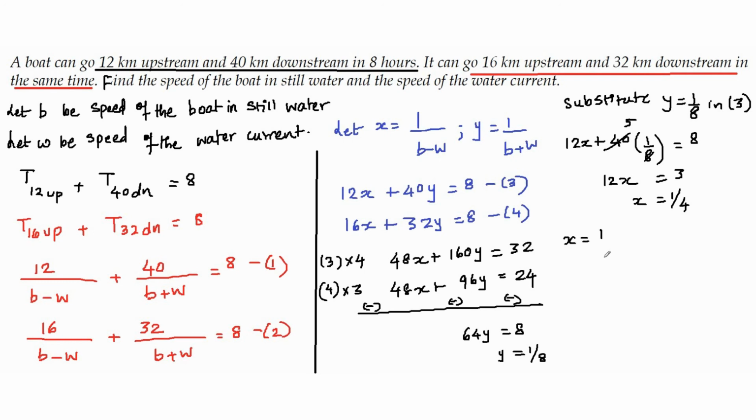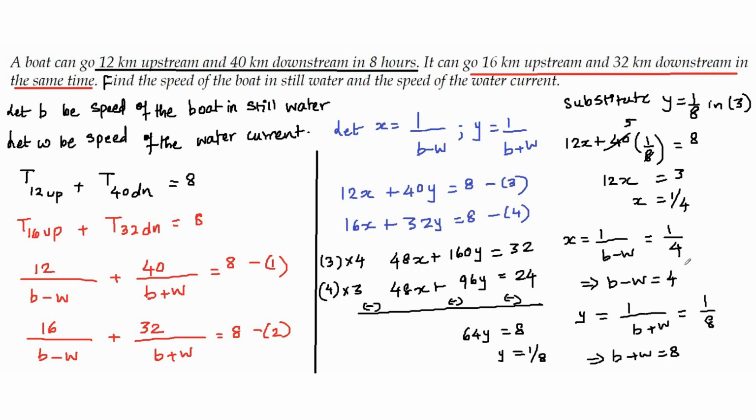X is basically 1 by b minus w, which equals 1 by 4. And this implies b minus w is equal to 4. And we have y equals 1 by b plus w, which equals 1 by 8, which implies b plus w is equal to 8.